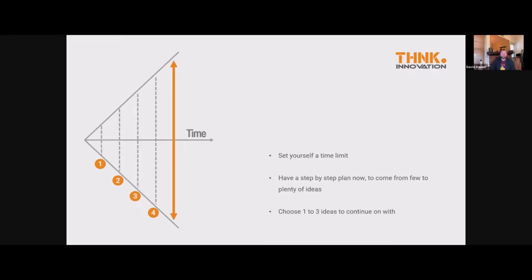At the end of your ideation process, you choose just a handful of ideas that you want to work with. For an ideation phase for a regular problem, before we go into validating the ideas, I personally would suggest not taking more than 8 hours, one full day.